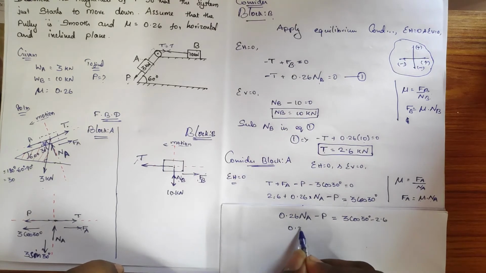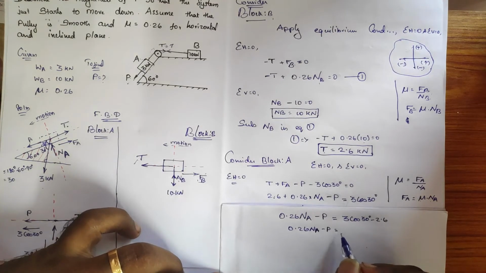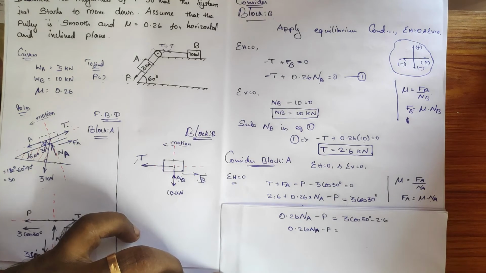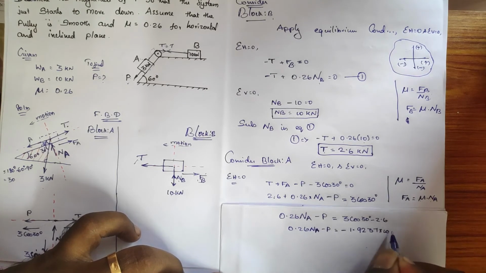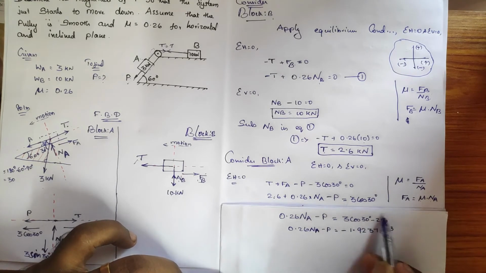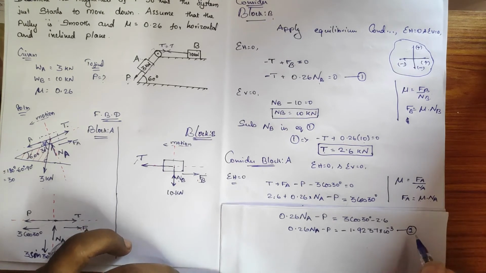So that here you will get 0.26 NA minus P, which is equal to minus 1.9237 into 10 to the power minus 3. Okay, you will get the answers something like this when you are simplifying it. So I am just going to take this as equation number 2.